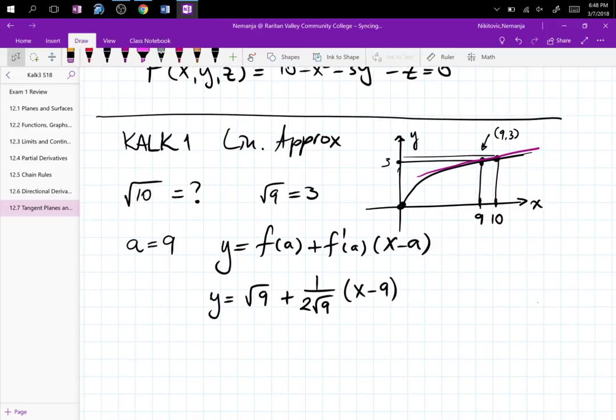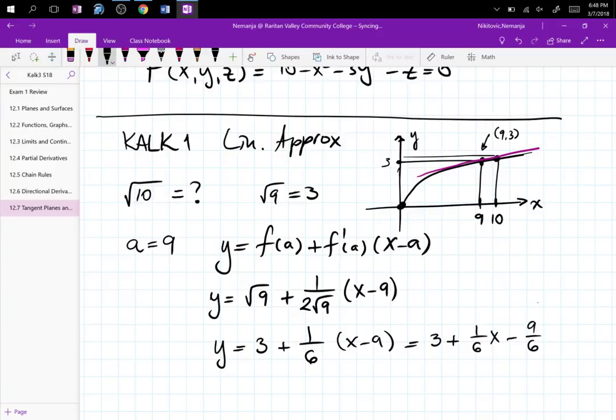So we plugged everything in. The derivative of the square root of x, which is the function that we are observing, is 1 over 2 root x. That's probably the only thing that might be tripping you now. So this is 1 over 6 times x minus 9. And we can simplify this into 3 plus 1 over 6 x minus 9 over 6. Well, that cancels to 3 halves, right?